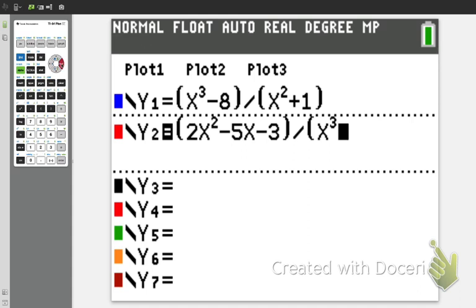Mm-hmm. So put that original 2x squared minus x plus 2.